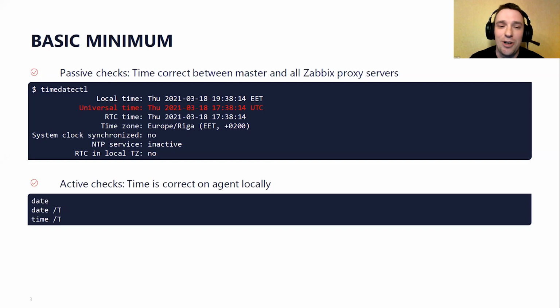It can be not correct on any component and that will still work okay, but we have to keep it the same for every machine which is monitored. And for the passive checks, it's very important to have the same time as the Zabbix master server. All the Zabbix proxies must keep the time the same as the master server.